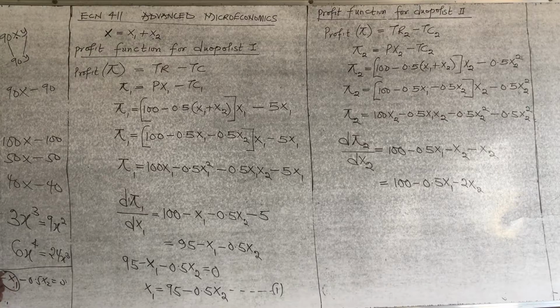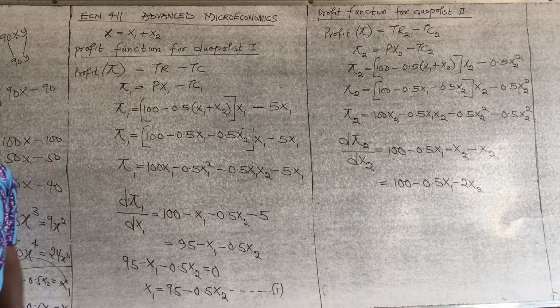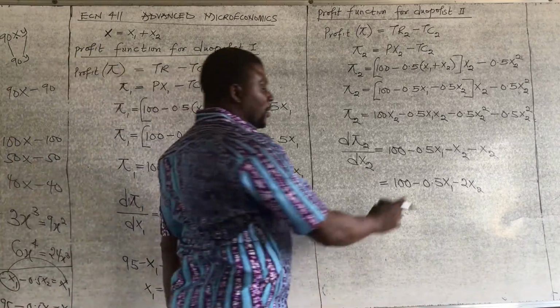But what I did was minus x1, I brought it here. So 95 and minus 0.5x2 is still here, equals x1. So what I just did was to say x1 equals 95 minus 0.5x2, which is what I have here. Let's do the same thing to this.